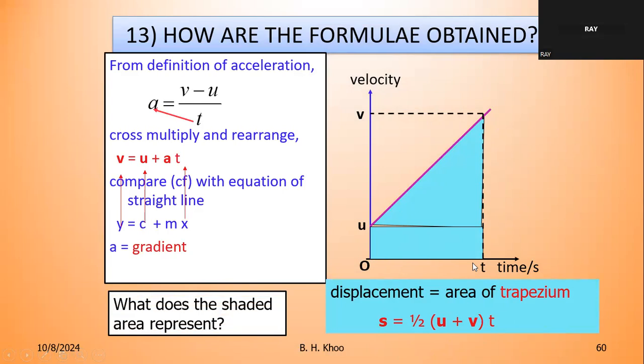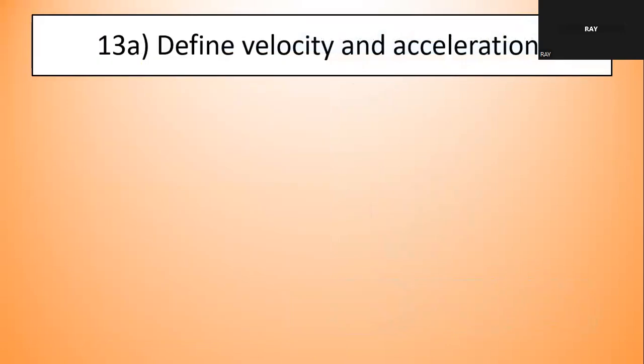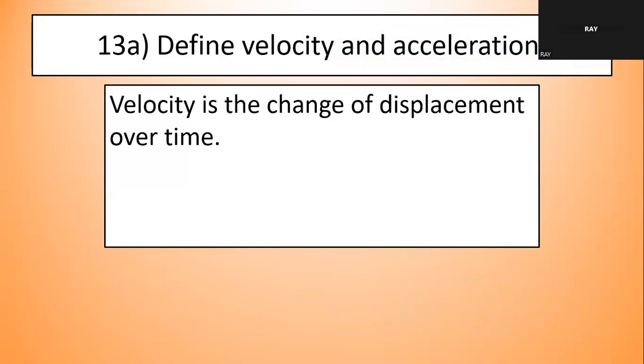So these two equations, you are expected to know how it's derived. Usually they won't ask you to derive it. You use these two equations to obtain the other two. Right? Stop me if you need any comment or any clarification. Understand. Define velocity and acceleration.